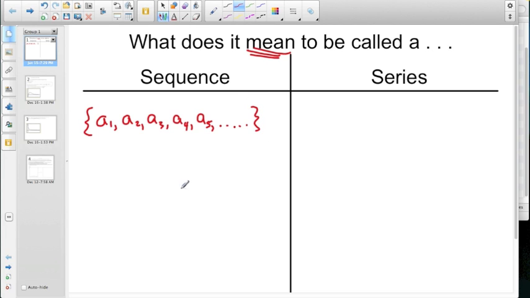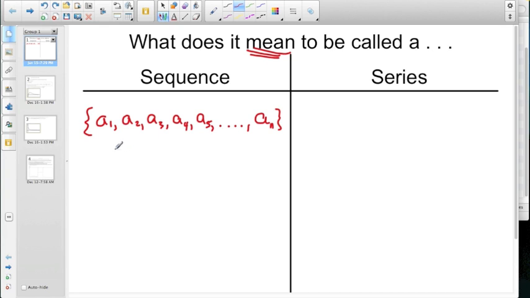As we approach the infinite, or the a sub n term, we know we're really looking literally at a list of values.